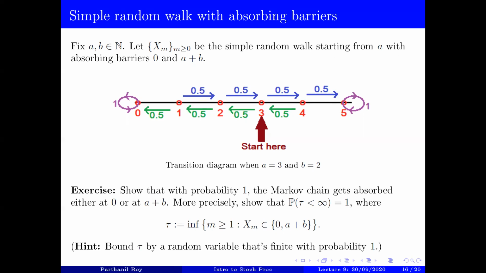And the hint that I'm going to give you is to bound this random variable tau by another random variable that's finite with probability 1. Think of a random variable that will be bigger than this tau, an upper bound for this tau, and that random variable is obviously finite with probability 1. So this is the hint.